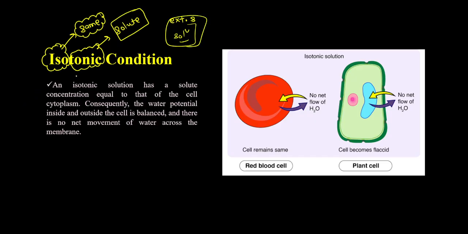So in isotonic condition, the solute concentration will be equal to that of the cell cytoplasm. It means the external solution will have the same amount of solute as is present inside the cell, or we can say inside the cytoplasm.